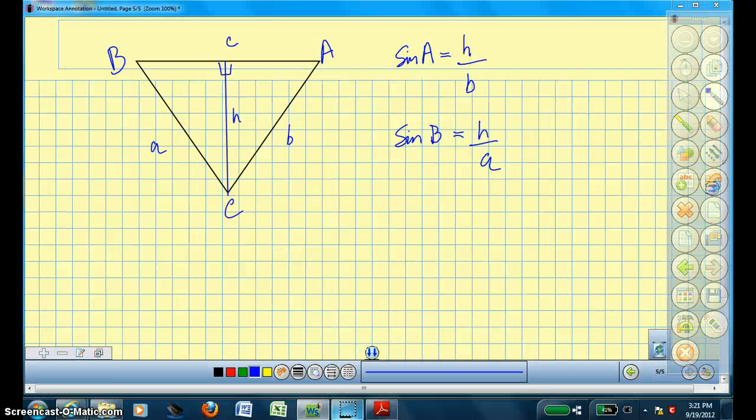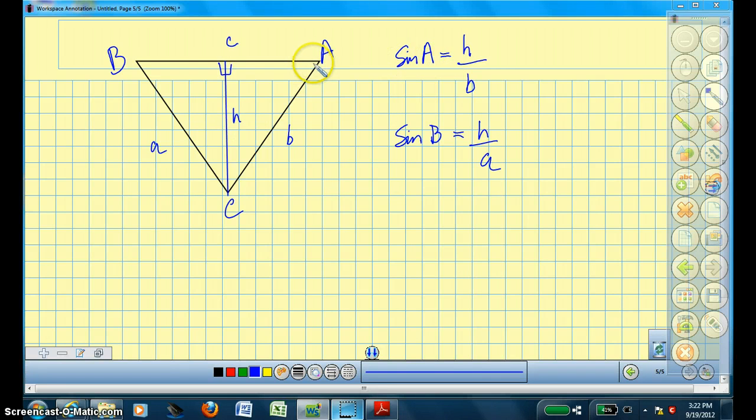Now I want to talk about how the sine law is derived. So I've drawn in this triangle ABC, and all I've done is drawn in a perpendicular from the vertex to point H. Again, I've labeled each side opposite to the angle little a, little b, and little c. And, it being the sine law, obviously I have to use the sine ratios.